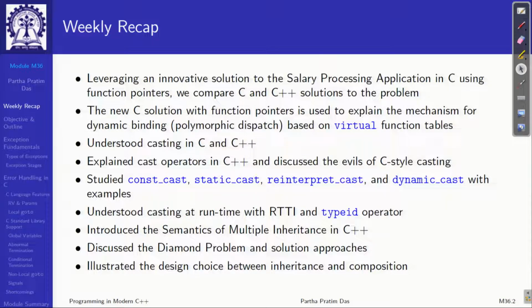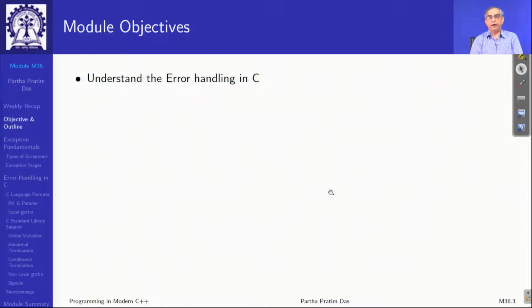We have discussed the virtual function pointer table, how it is implemented, and for 3 modules we have discussed different aspects of typecasting in C++, including polymorphic runtime casting, and in the last module we have discussed multiple inheritance. So, with this we have covered a major part of the primary features of C++ programming, which you need to know.